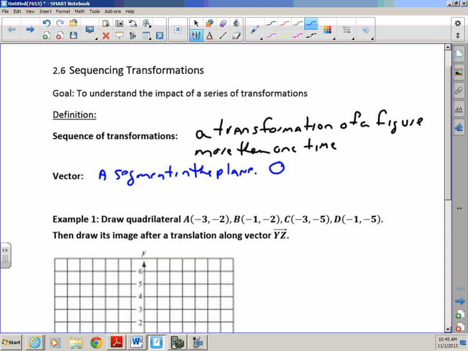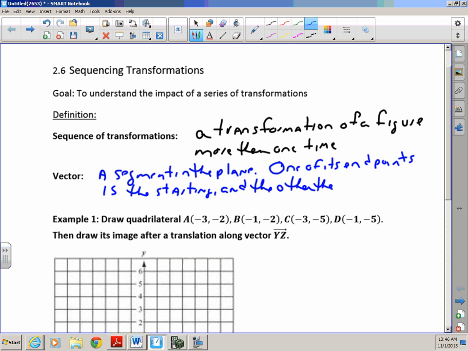One of its endpoints is the starting point, and the other, the end point. Vectors have a beginning and an end. The arrow shows you direction.